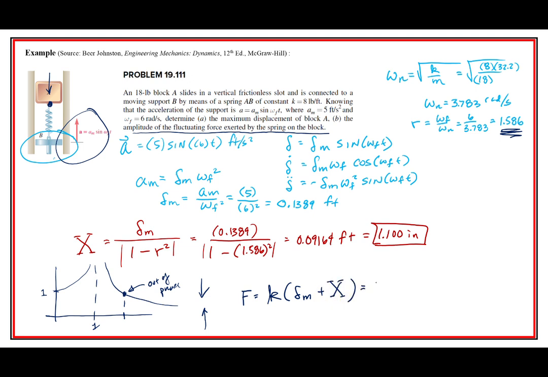So the force being transmitted between them is going to be the del m plus the x. And so you're going to have an 8 times your 0.1389 feet plus your 0.09164 feet. So your force, and I might actually call this FT, we'll call it the transmitted force.